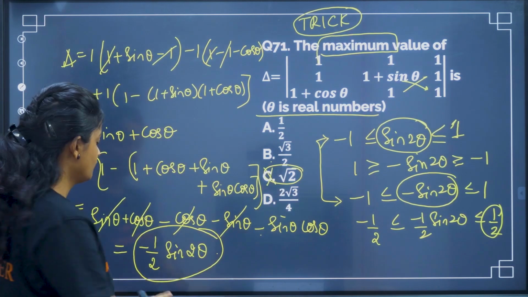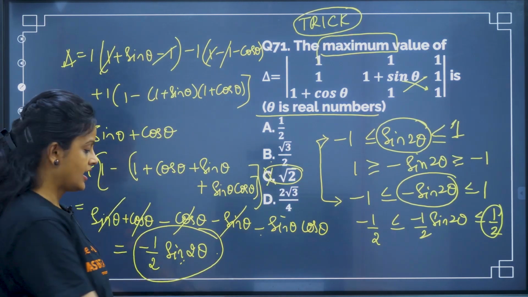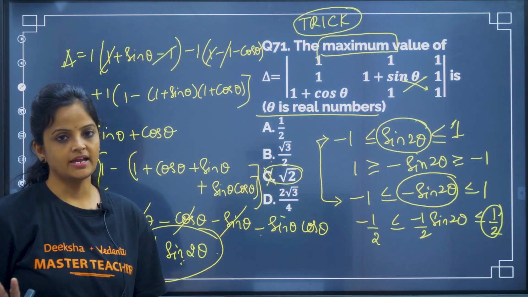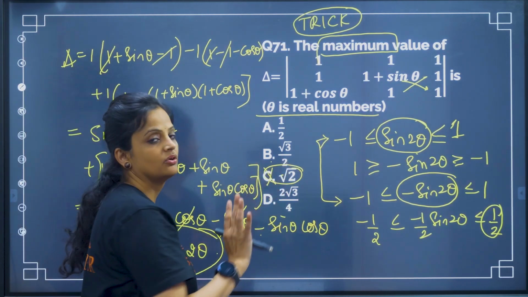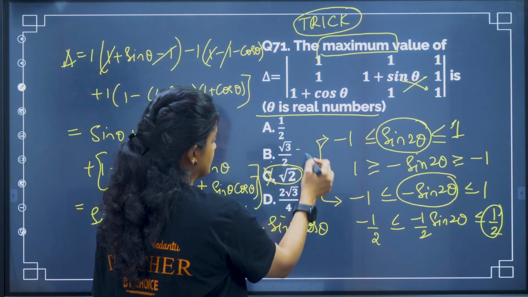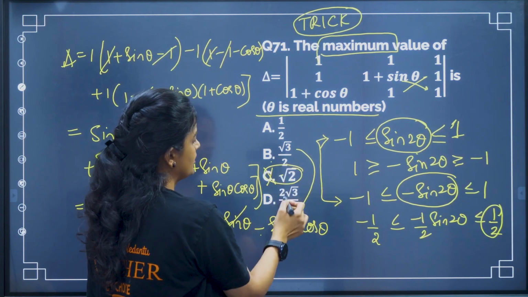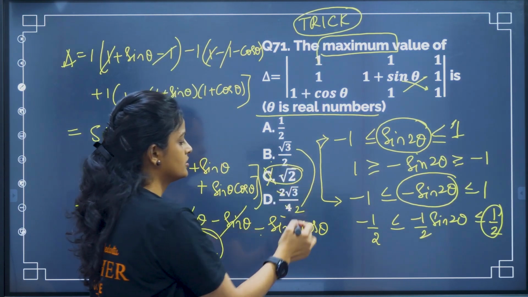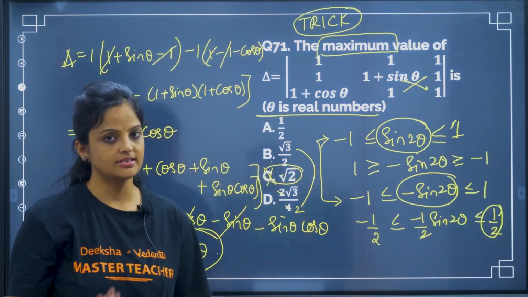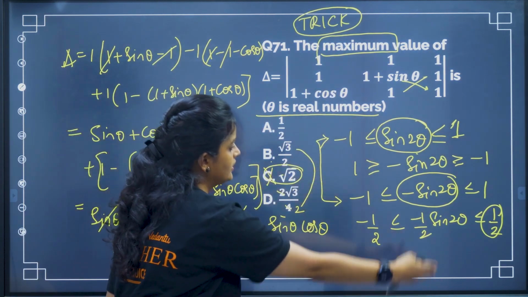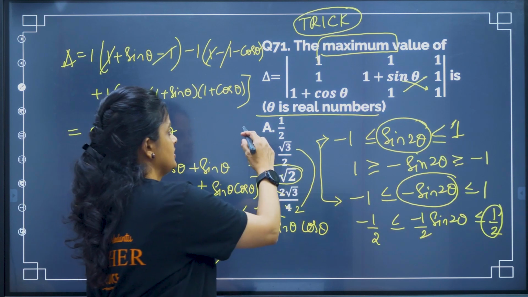But that you will come to know when I have this. Sine theta can't be more than 1, so it has to be ruled out. If you check these two options, root 3 by 2 and here it will get cancelled, root 3 by 2. Both are same. Either it has to be B or D. Anyway, both are same. So on solving, we'll come to know it is option A.